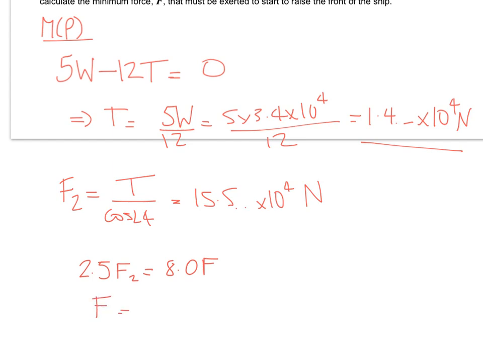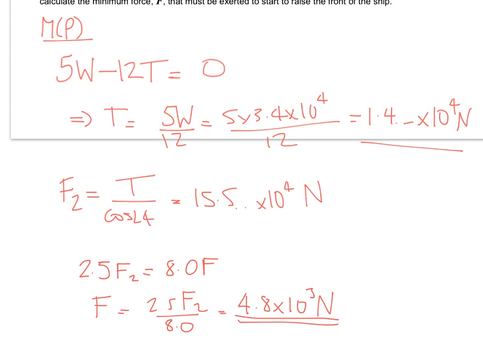So F is going to be 2.5 F2 divided by 8.0, and let's plug those numbers in, which gives us 4.8 times 10 to the 3 newtons, giving that to two significant figures.